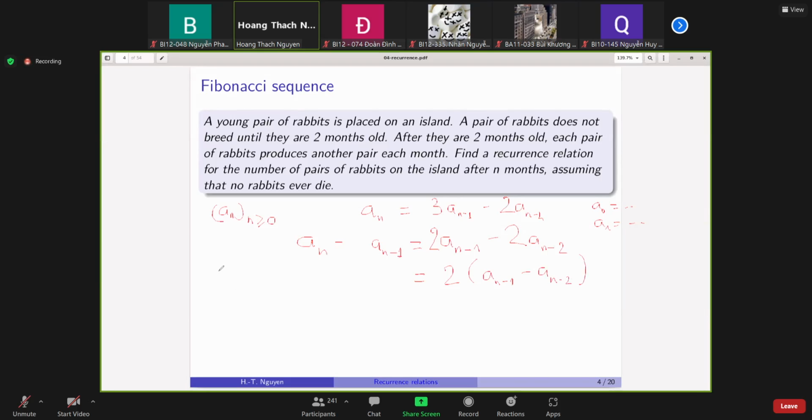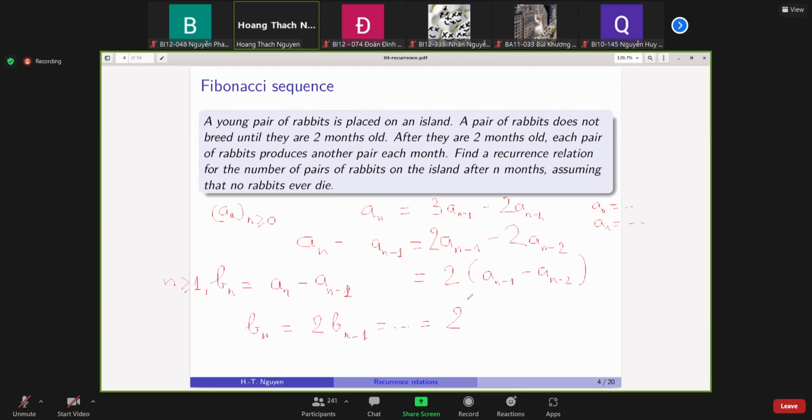So if we use an auxiliary sequence, if we set b_n equal to a_n minus a_{n-1}, for n greater or equal to 1, then this will give us b_n is equal to 2 times b_{n-1}, and we can continue until the smallest term.